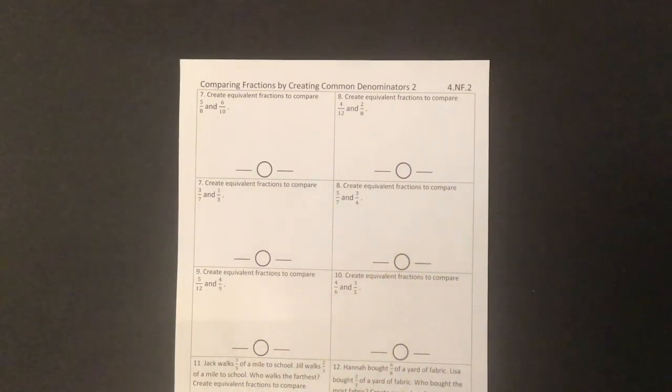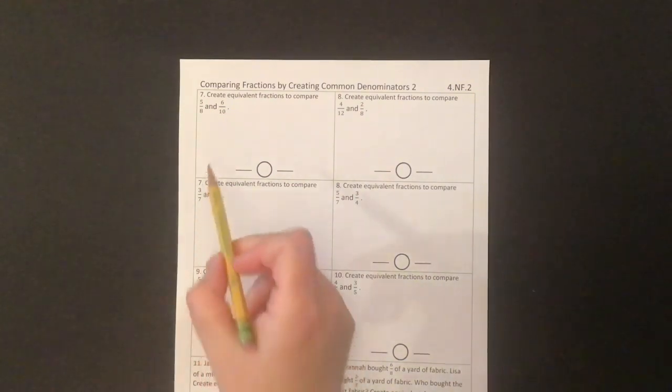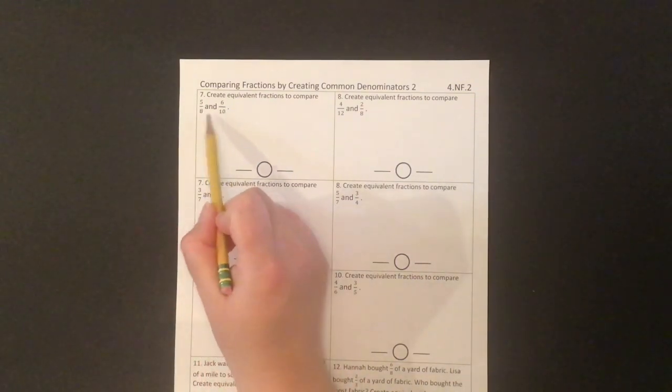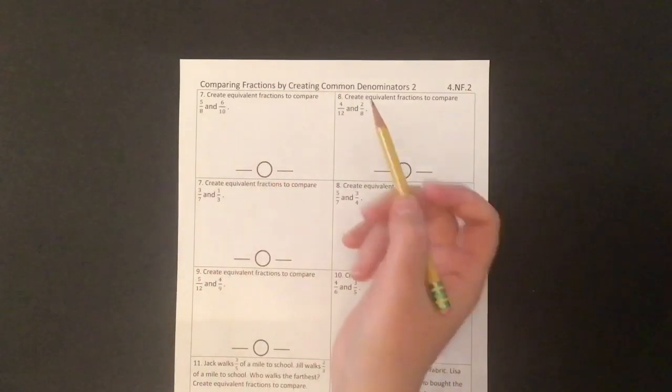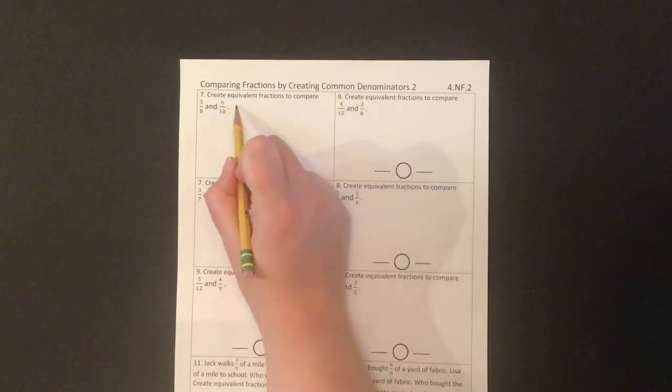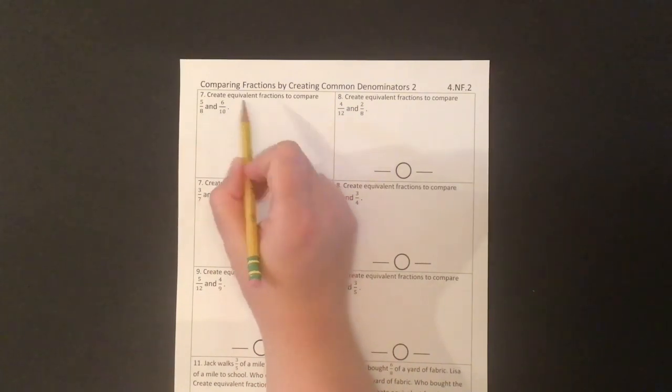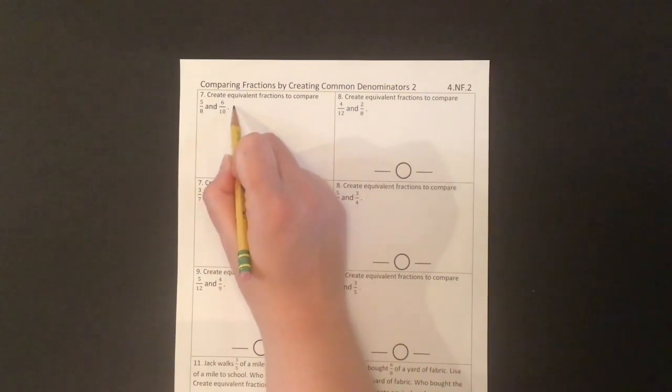There just isn't the helpful hints. So just remember, we're looking for the number that could be the common multiple, that common denominator. So let's go ahead and start thinking about our multiples of 8 and our multiples of 10. You'll have to write small or even get a piece of scratch paper if you'd like.